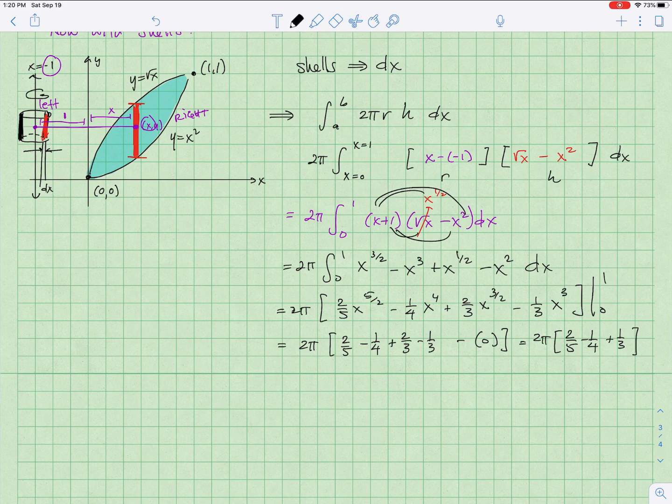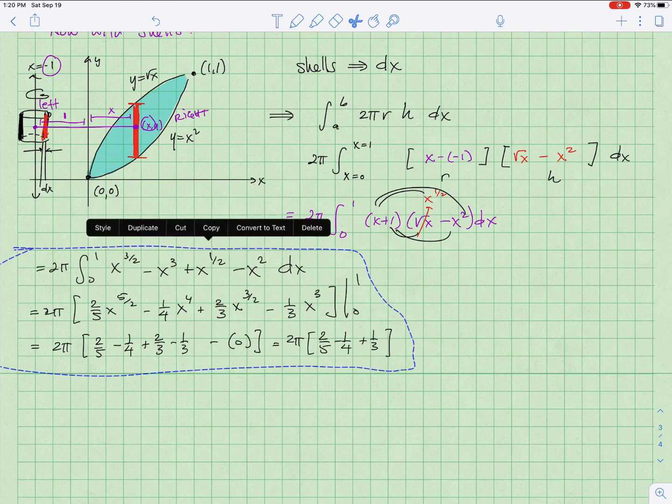And I'm kind of running out of room here. Let me just move all of this over just a little bit so that I can not necessarily start a new page here.